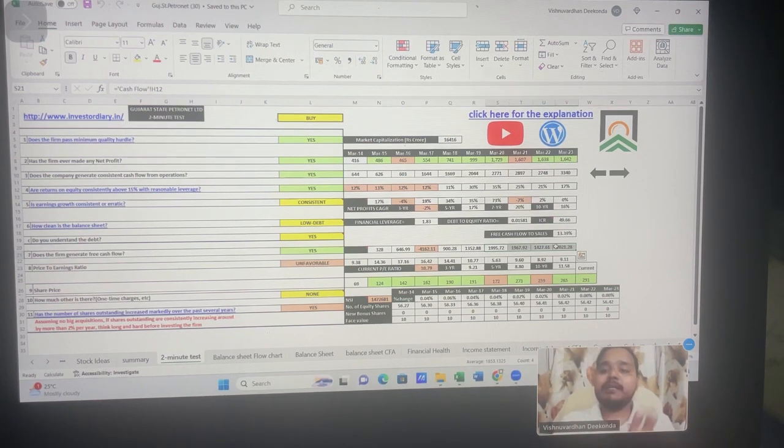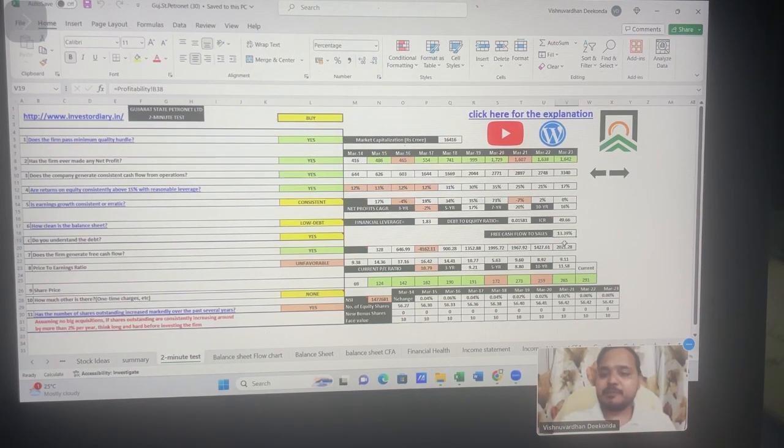How do you know the quality? Return on equity will help you understand the quality of profitability, whereas free cash flow to sales will help you understand the quantity of profitability. If it is more than 5, then it is a high quantity profitability as well.